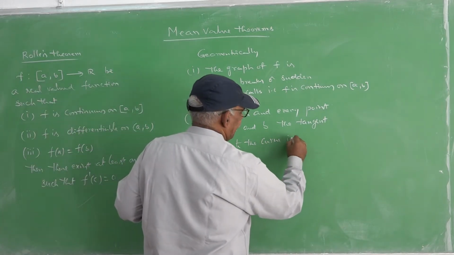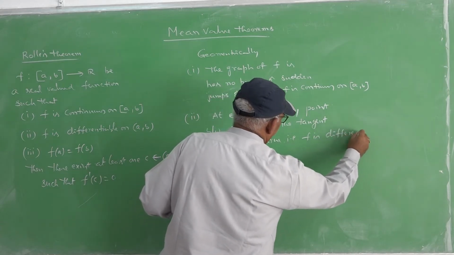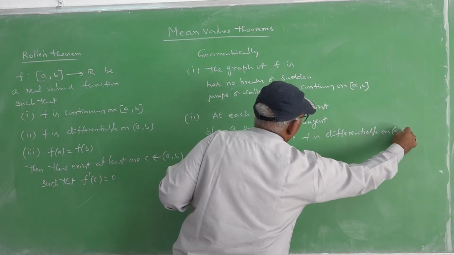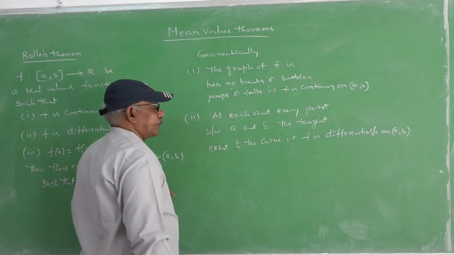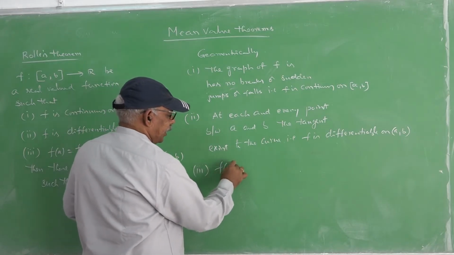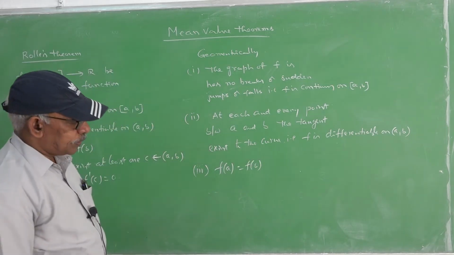That is, f is differentiable over a, b. And the third one is f of a equal to f of b. The functional value at a equals the functional value at b.